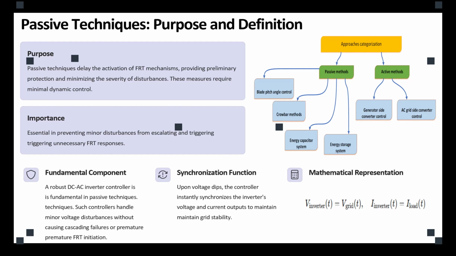We simply change that threshold and tell the protection system, don't be basically a sissy, tolerate more. So this is the intention of how the passive system works.